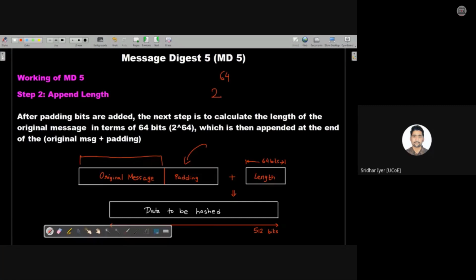How? Look carefully. What was the size of the original message in terms of bits? 1000, right?